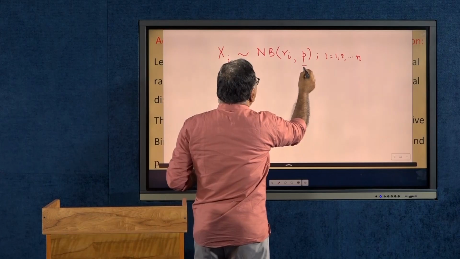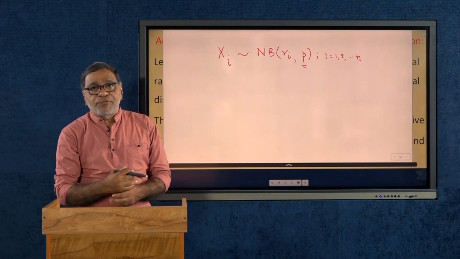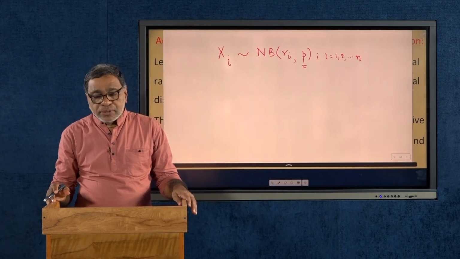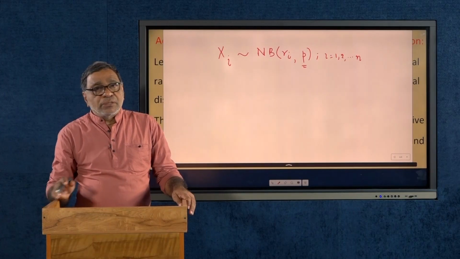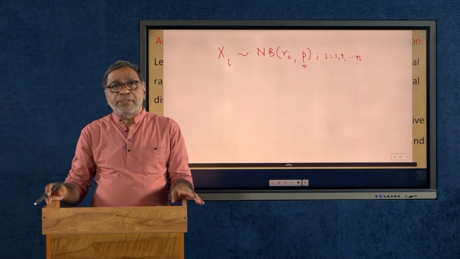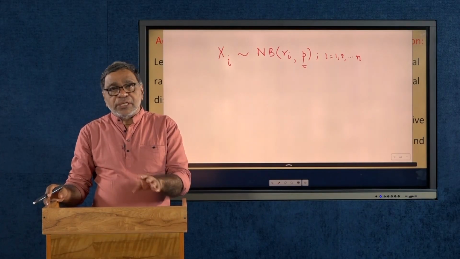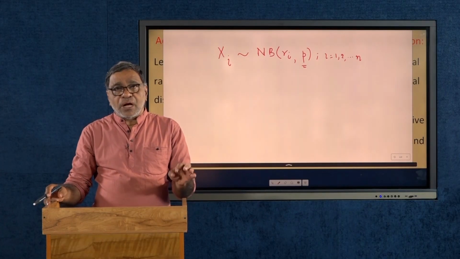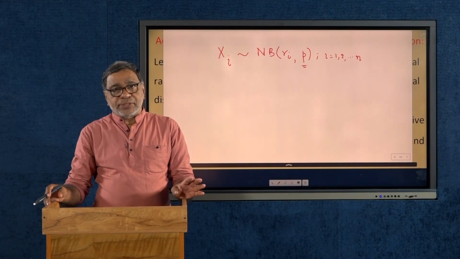The probability of success is common to all the random variables. So x1 is a negative binomial random variable with parameters r1 and p, x2 is a negative binomial random variable with parameters r2 and p, etc.